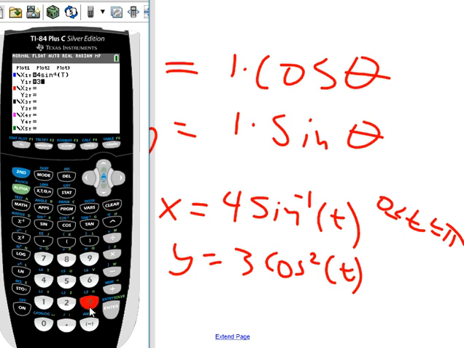It does not. So 3 cosine of t, and then it needs to get squared after I end the parentheses. There. Then I go to my window and make sure I only go from 0 to pi, and now I hit graph. There it is in all its glory.